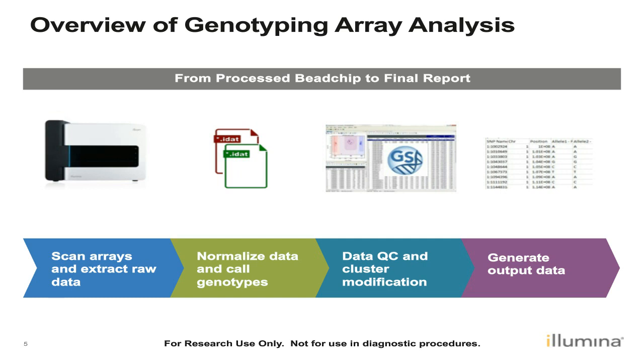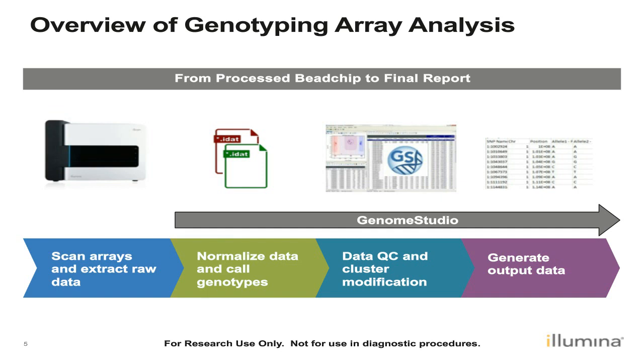All the subsequent steps afterwards are done in GenomeStudio, and the software is able to normalize data and call genotypes for the samples. You can also use the software to QC your data and modify the clusters. And finally, the ultimate goal is to generate your output data, which is a final report that contains your allele calls.